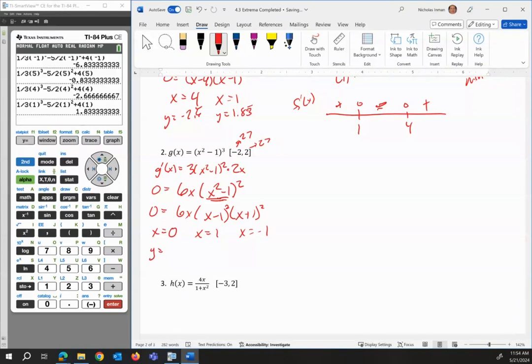All right, our heights at those values. If I plug in 0 to this thing, 0 minus 1 is -1 cubed is -1. 1 minus 1 is 0, cubed is 0. -1 squared is 1, minus 1 is 0, so again, 0. So I have these 4 spots. Now, these two would combine or tie for absolute maxes.